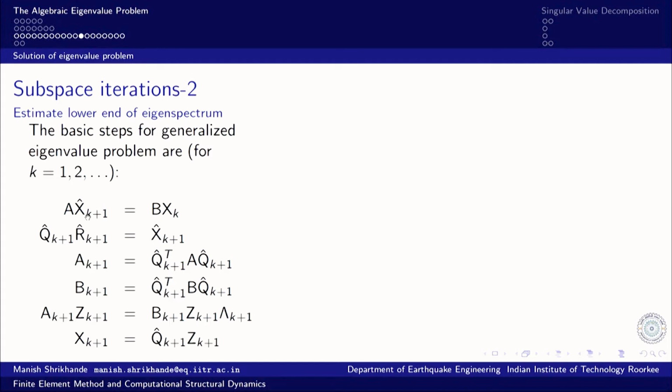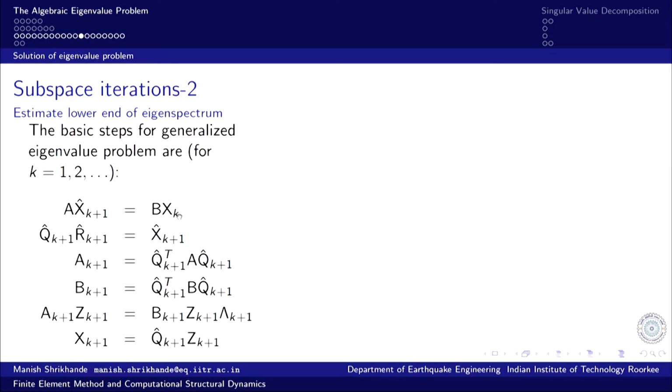So, the basic steps for the generalized eigenvalue problem: what we discussed here is for the standard eigenvalue problem A x is equal to lambda x. For the generalized eigenvalue problem, things become a little more involved in the sense that there are two matrices and the trial vectors need to be computed as a solution first.